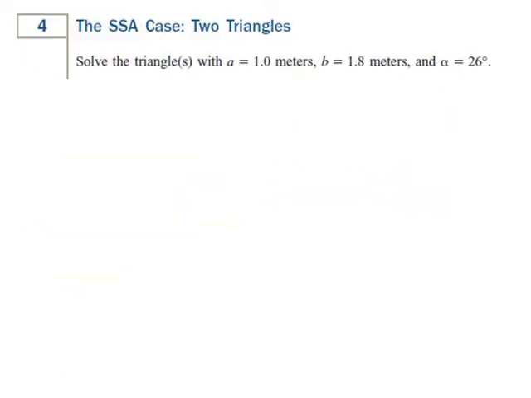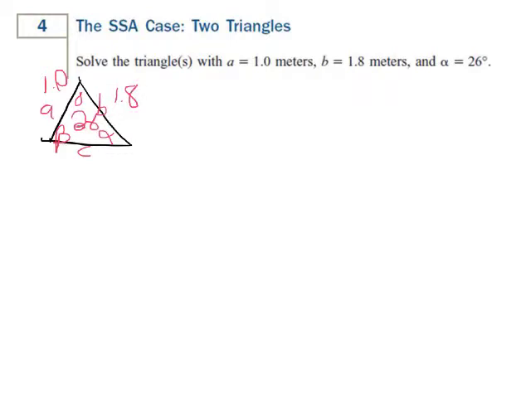Okay, let's go to number 12. Here you've got two triangles. So if we solve this, we're going to go ahead and do the triangle first. Okay, this is gamma, C, alpha, A, beta, B. A is 1.0, B is 1.8, alpha is 26.